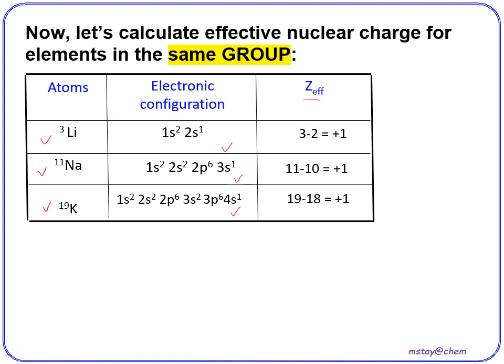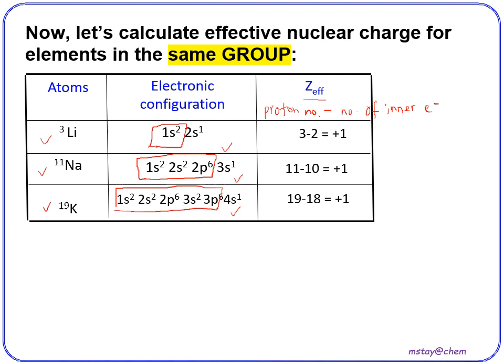To determine the effective nuclear charge, we still need to remember the formula: proton number minus the number of inner electrons. For lithium, the inner electron is in period 1, while for sodium it is in period 1 and 2, and for potassium it is period 1 to period 3.